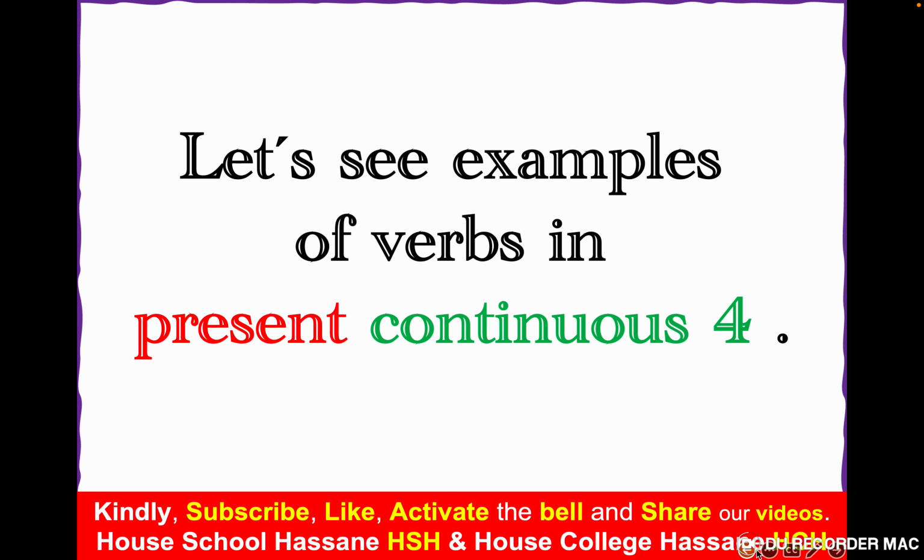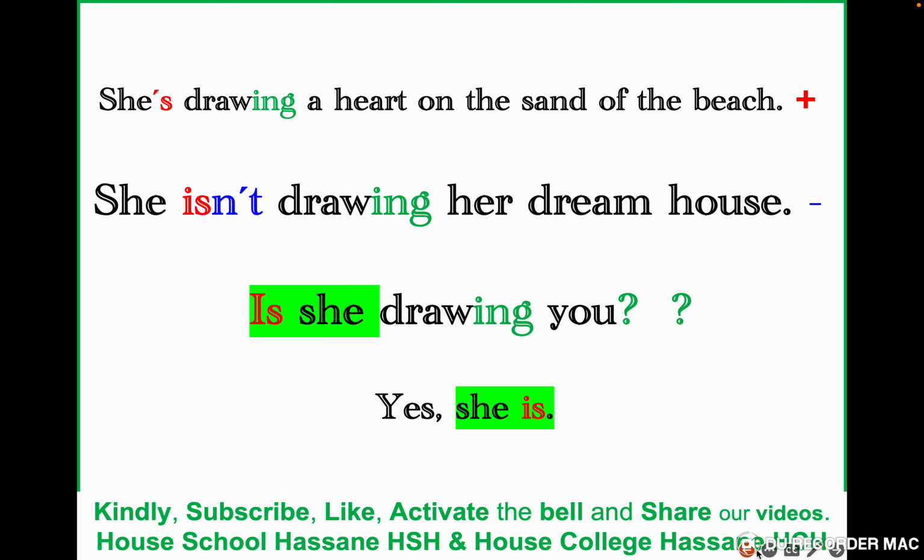Let's see some examples of verbs in present continuous part 4. The first example: she's drawing a heart on the sand of the beach. We sometimes, when we go to the beach, try to draw a heart, and the water of the sea comes and washes it away.